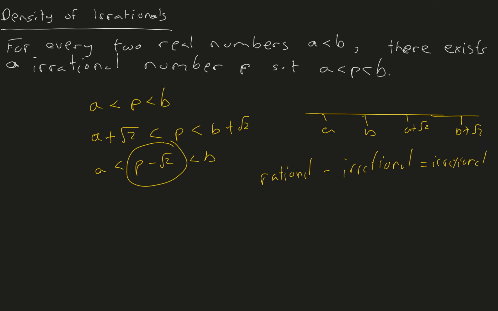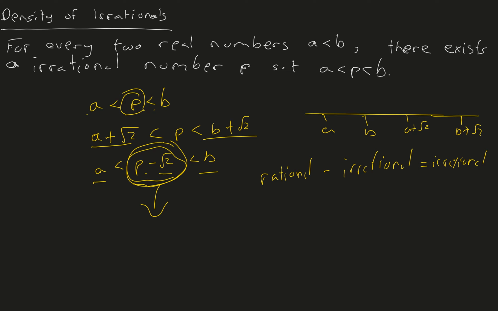I'm using the previous theorem to help prove this theorem. We had a rational number p between a and b. I've shifted the interval by root 2, and then subtracted root 2, and we get a rational minus irrational, which is irrational. So this irrational number also exists between these two real numbers.